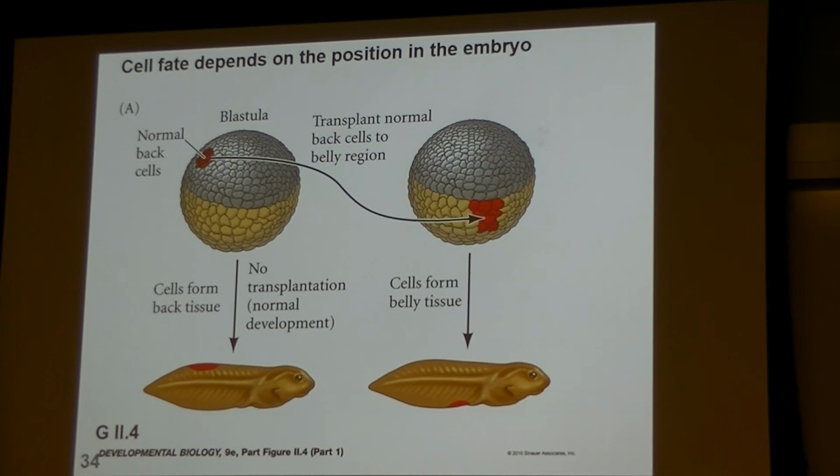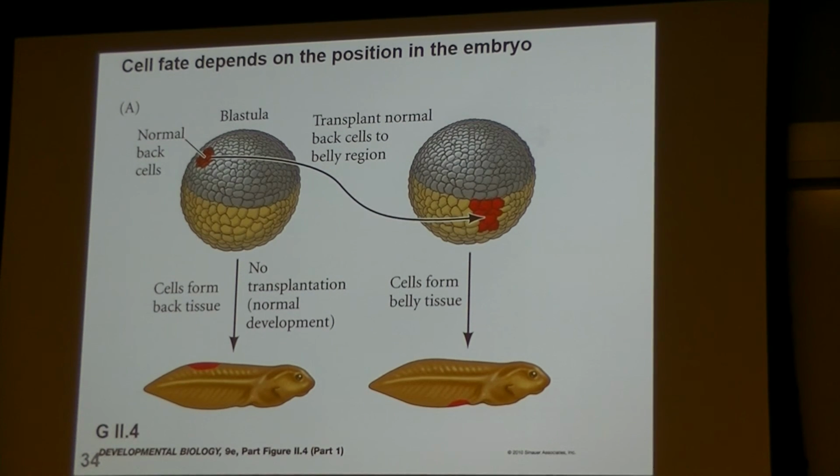Also, if you think about this experiment, you start out with a group of cells that are in a certain position in an embryo. If this were a cell lineage-based or cell intrinsic mechanism, if you were to move those cells to a new location, you would not change their fate. They would still always be eye cells or ear cells, depending on what they were originally.